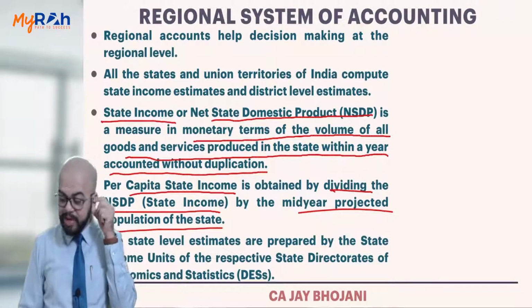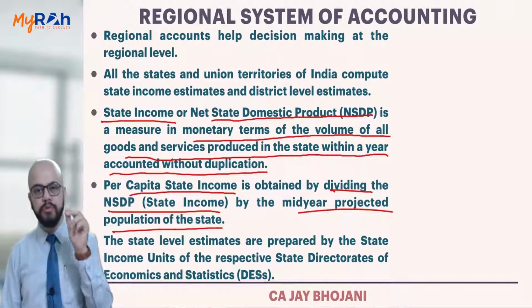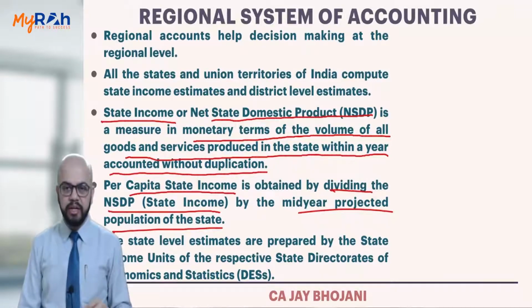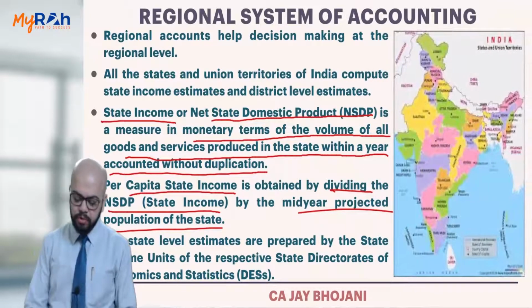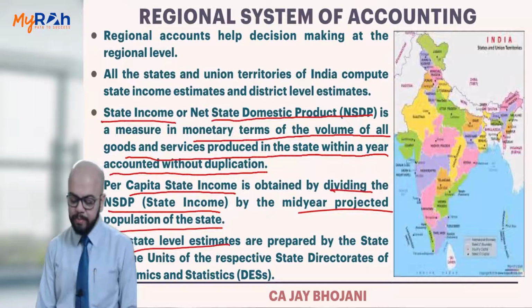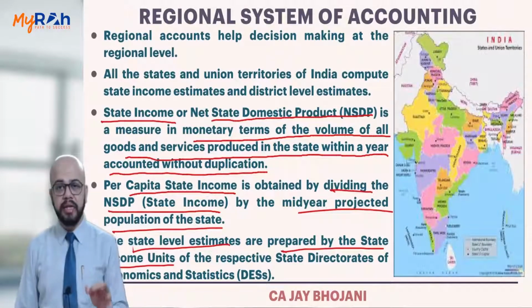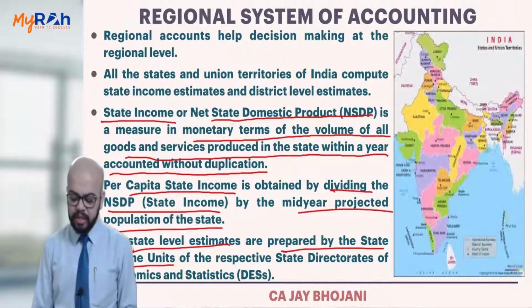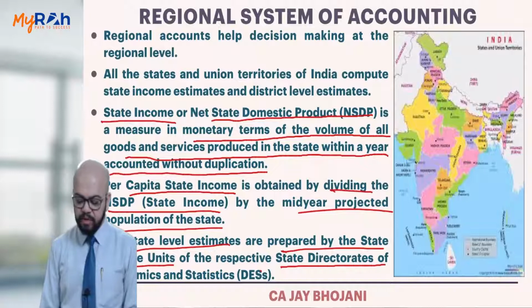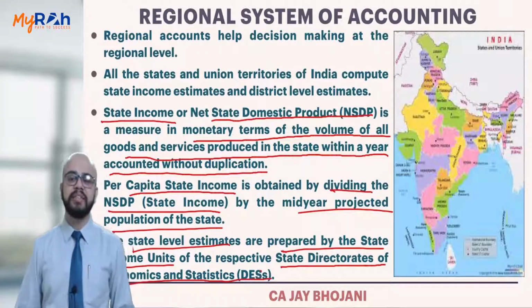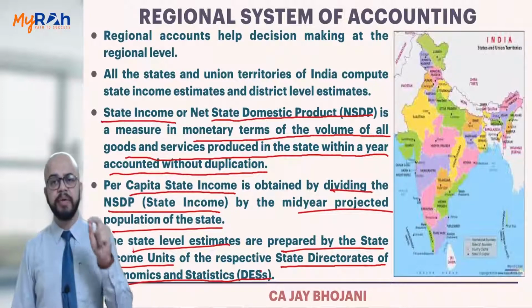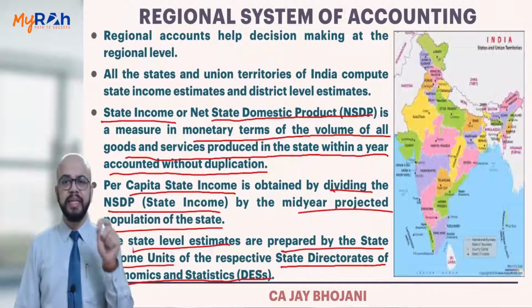And who will be taking up this responsibility? Who is supposed to be measuring these state incomes? So the state level estimates are prepared by state income units in the respective state directorates of economics and statistics. Directorates of economics and statistics are also known as DES.